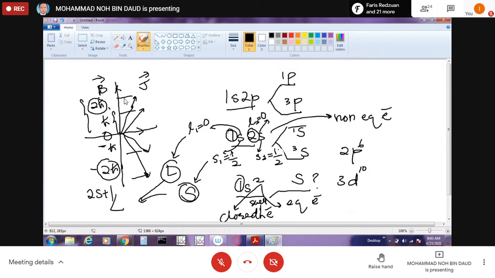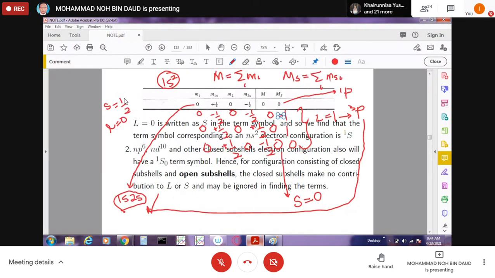This one, L1 0, L2 0, S1 half, S2 half, you can use angular momentum addition rules to get all possible term symbols here, triplet S and singlet S. Sorry, this is not P.